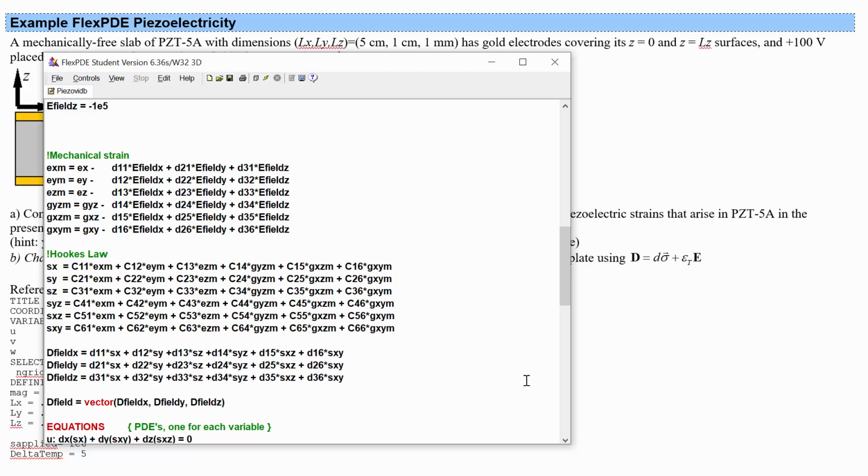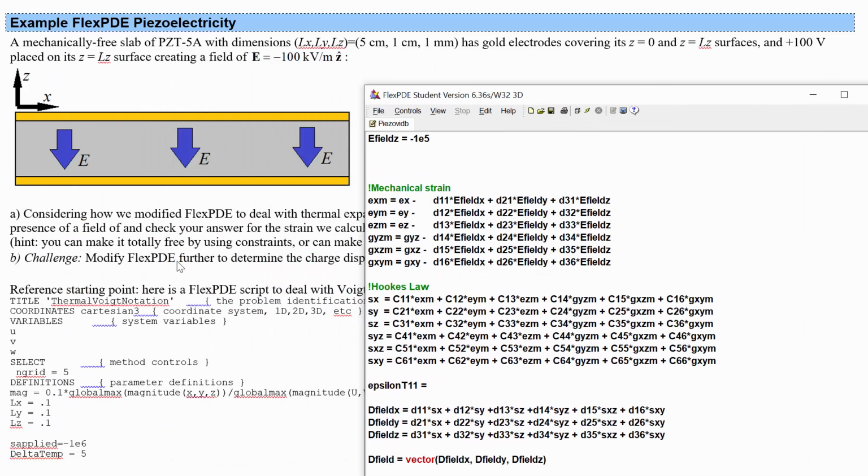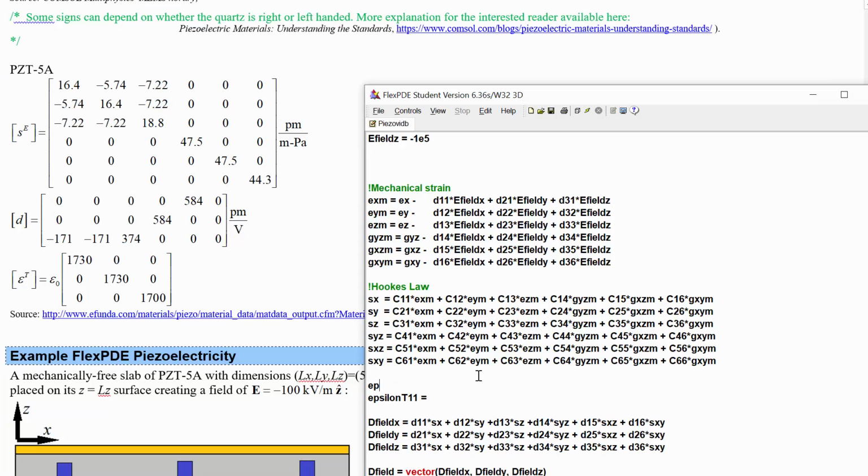Except that we also need to add in what the epsilon T is. Epsilon T 11 for PZT. We can go back up to this set of parameters here.